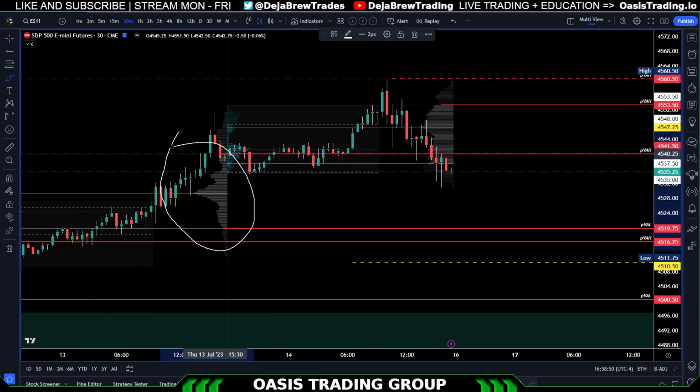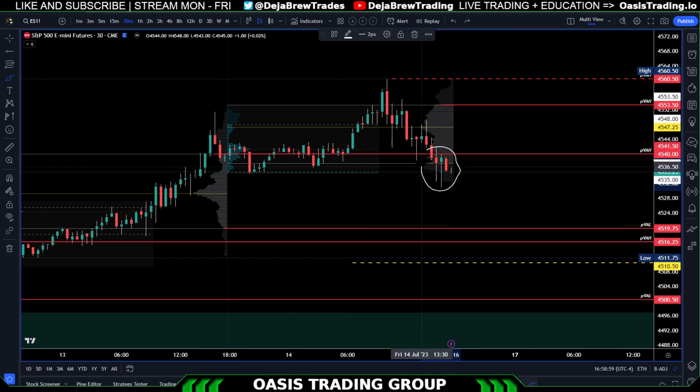You can see the value area from 40 down to 20. We did start retracing that right at the close on Friday, but obviously the close stopped us from fully retracing.